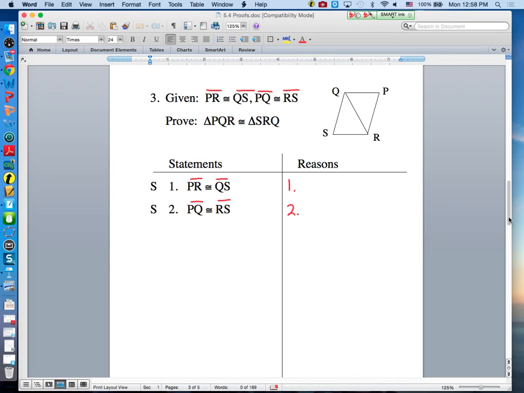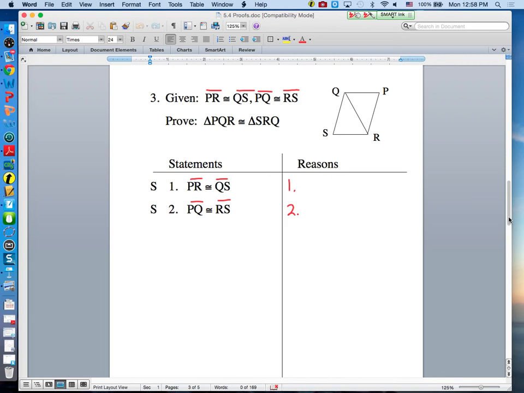Mark the diagram. You just put 2 markings on one of these curves. Everybody's getting the reasons as given.